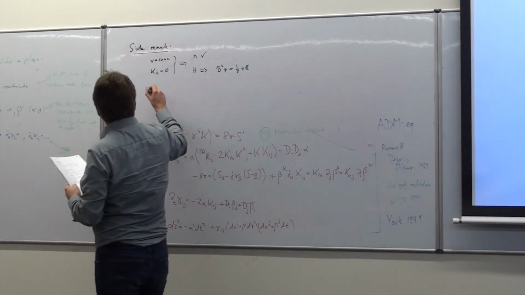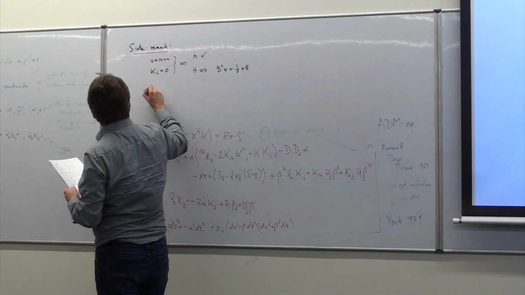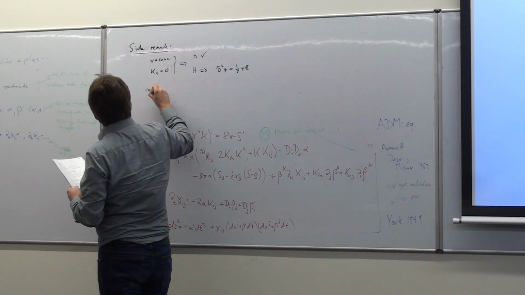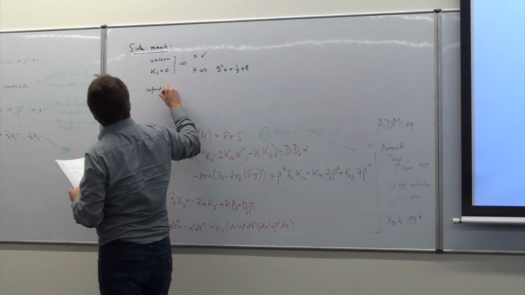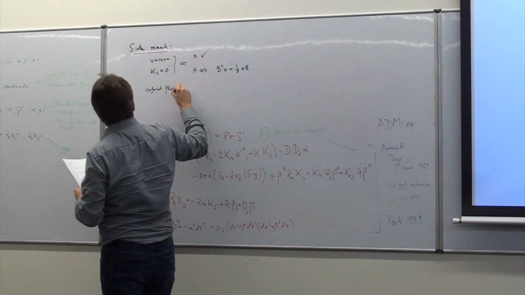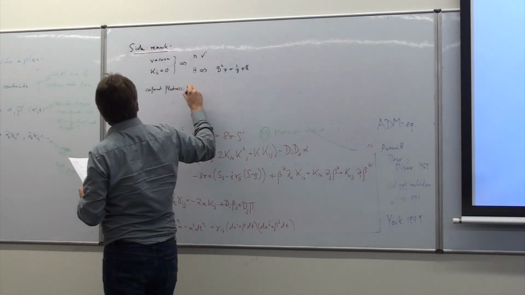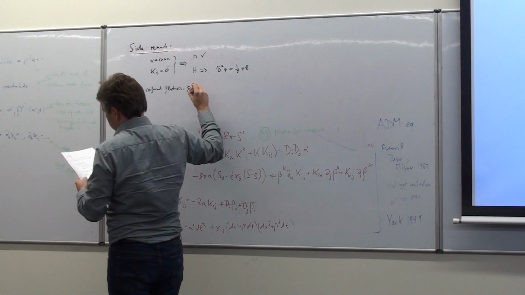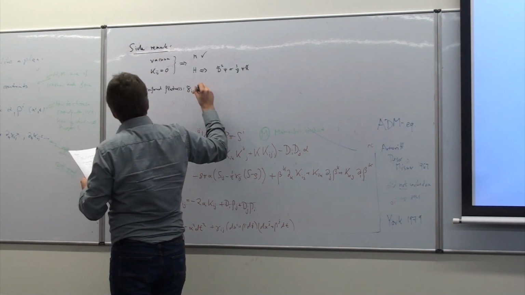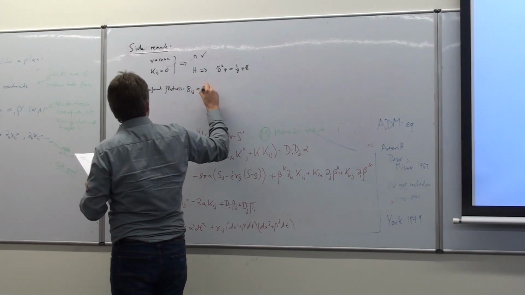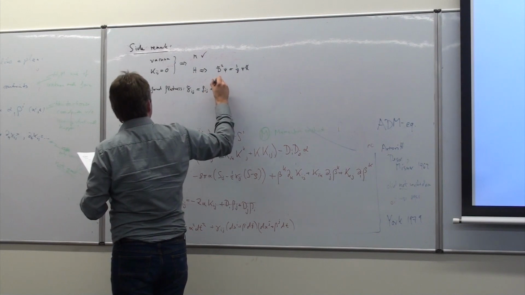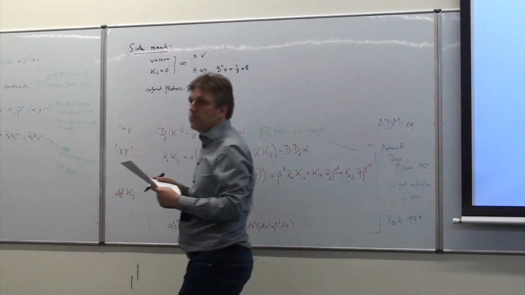Now let's assume conformal flatness. So we have gamma ij is the flat metric f ij. How this looks depends on which coordinate system you're in.